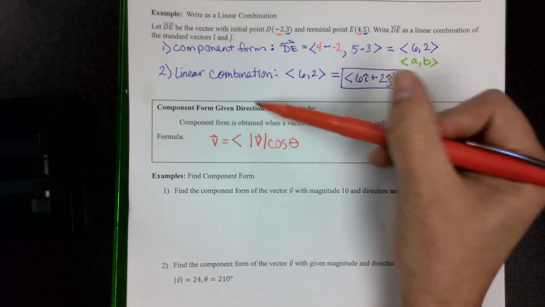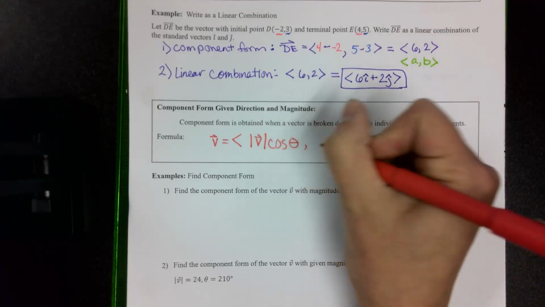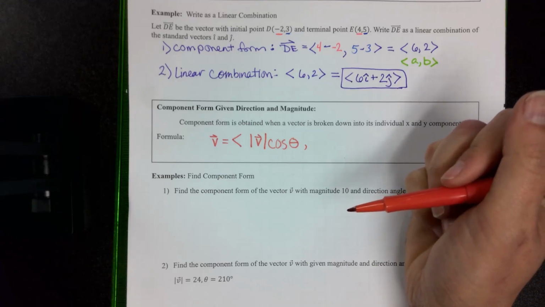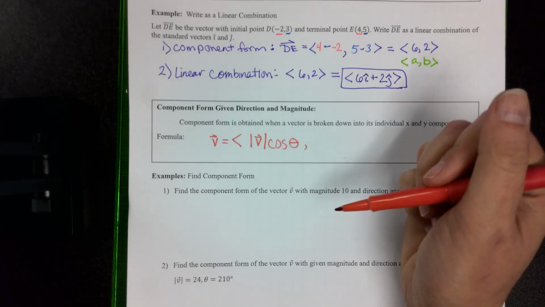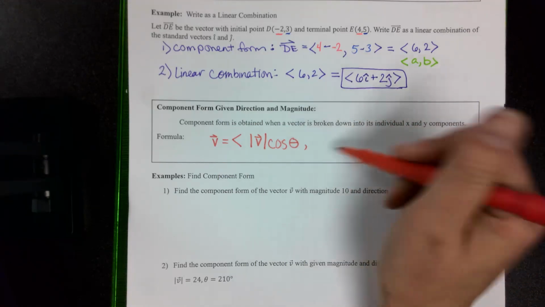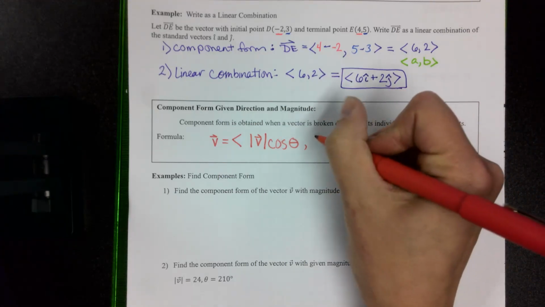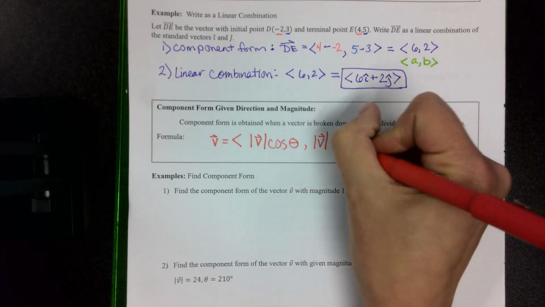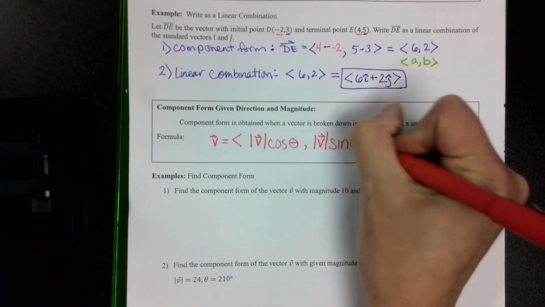Direction is angle, comma. Cosine is in that x position, just like when we were talking about trig identities. Cosine was always associated with x. Sine was always associated with y. So the y piece is going to be the magnitude of v times sine of angle theta.